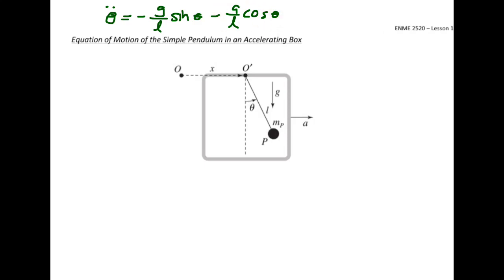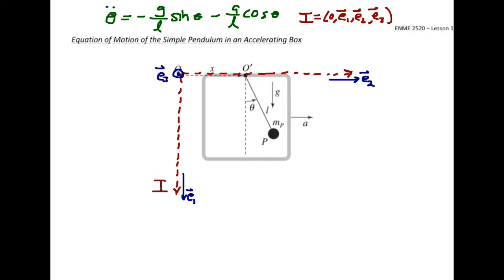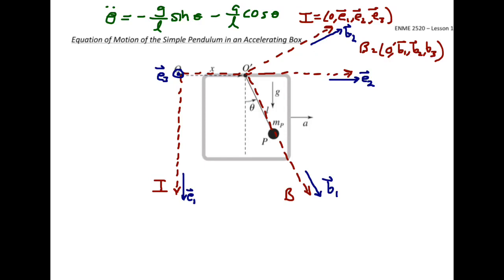So let's apply our reference frames like we did in lesson 11. Here we see an inertial reference frame I, which has the unit vectors E1, E2, and E3, defined with the origin at the inertially fixed point O. And we have the reference frame B, in which B1 is defined along the pendulum, B3 is defined out of the page along E3, and B2 is orthogonal to both of those vectors.